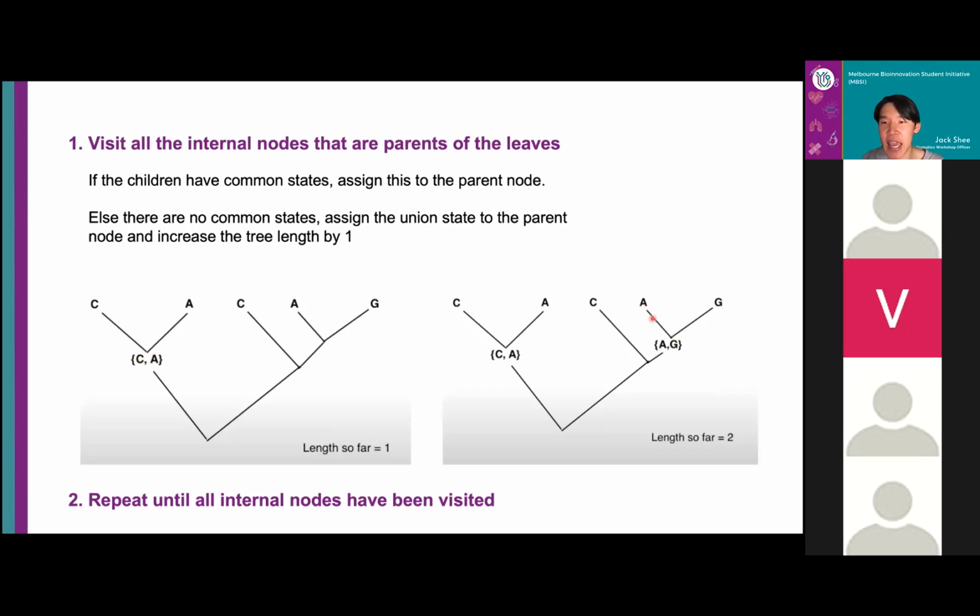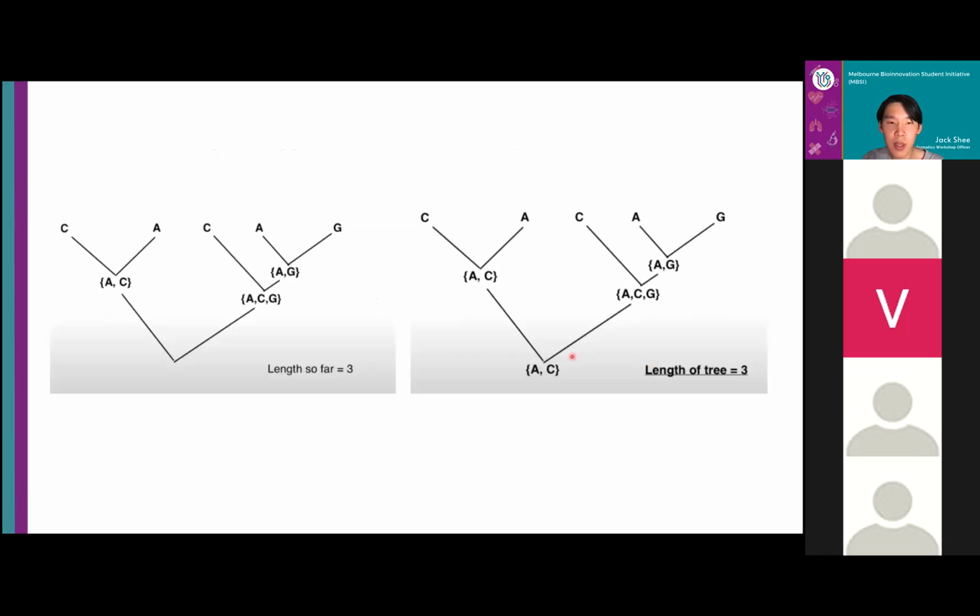And likewise, A and G have nothing in common. So we assign the union state to the parent node, and we continue. We now move on to the next internal node that we have not yet assigned. And we can see that between C and AG, nothing is in common again. So we again assign the union state.